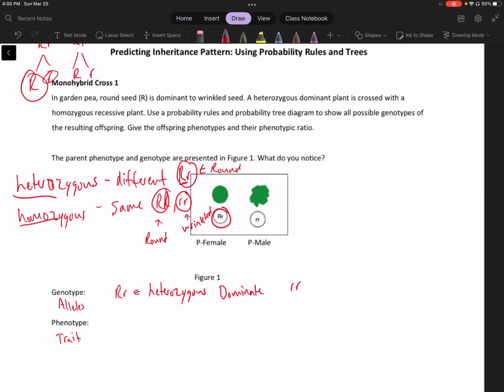And then lowercase r, lowercase r for dad, which would be homozygous recessive. Because it's two lowercase, it's recessive. They're the same, so homozygous. Then the trait for mom would be round seed, and the trait for dad would be wrinkled seed, because that's recessive.